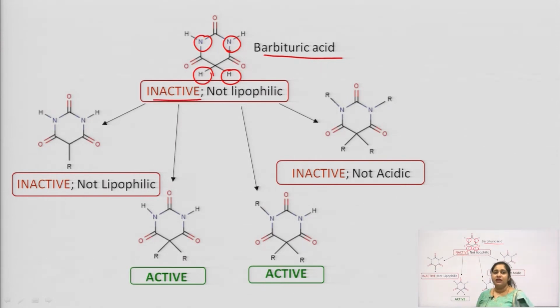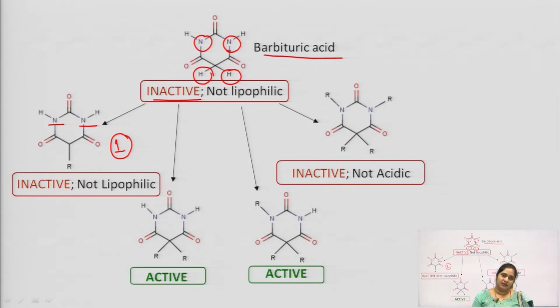Further, we have elucidated this property by giving several examples, like in structure number 1. Here the compound has the same problem as that of barbituric acid, only because both nitrogens are unsubstituted.